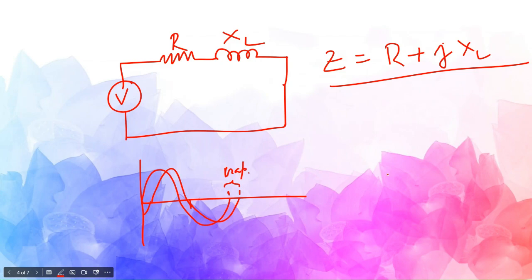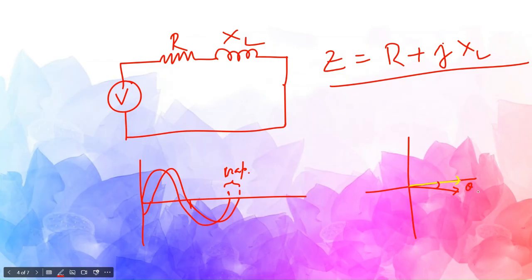So if we draw the phasor diagram, how will it look? Again, let me take the voltage as yellow color. If this is the voltage, then the current will be indicated like this. So there is a gap, there is an angle.